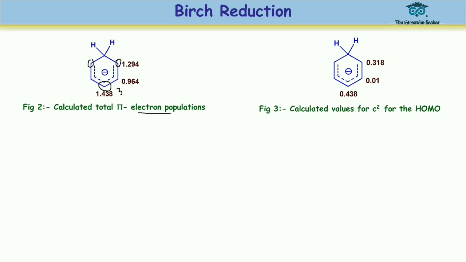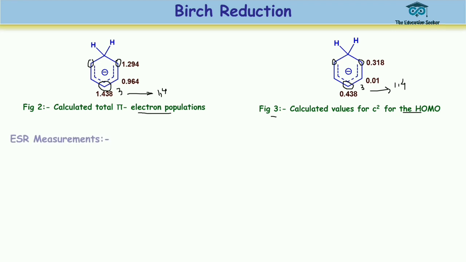As the pi electron density at carbon 3 is more, carbon 3 is more likely to undergo protonation to provide the 1,4 addition product. Now coming to figure 3, it represents calculated values for C square for the HOMO. Here also you can see that the pi electron density at carbon 3 for the HOMO is more than carbon 5 or carbon 1. So this is also supporting the 1,4 addition product.